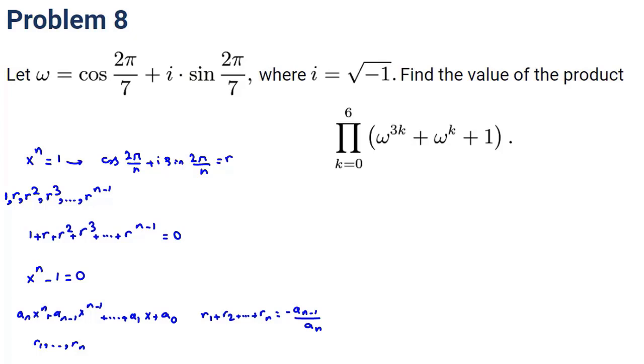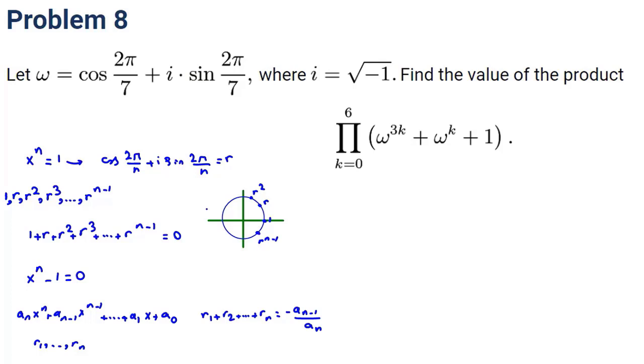The next proof is more intuitive. Because the root is 1, the next one, for example, 2 pi over 7, is r. Then you have r squared, and all these things up to r to the n minus 1. This view is also good.